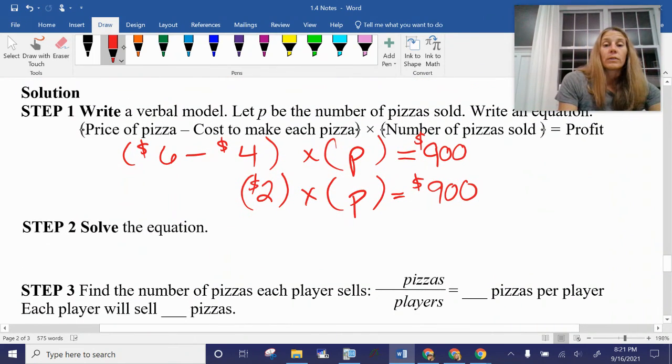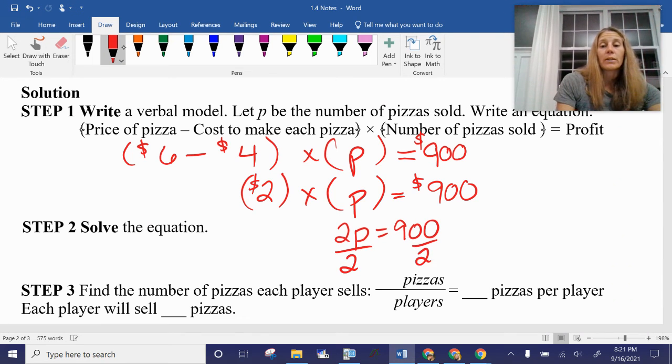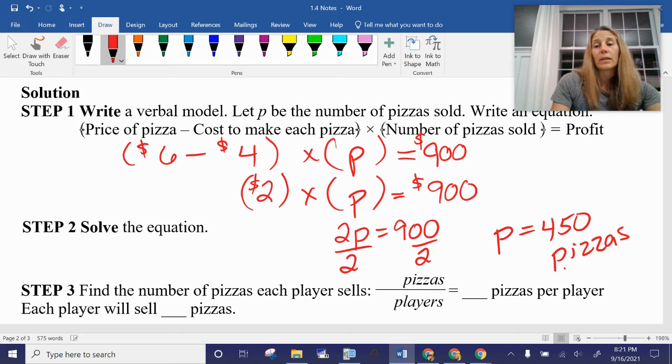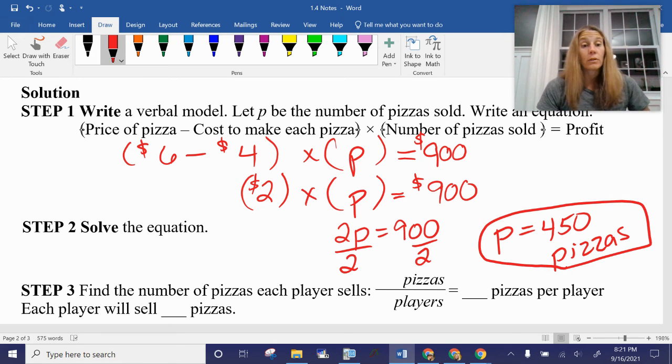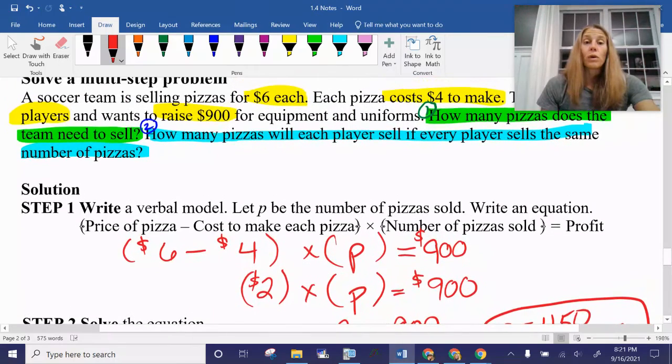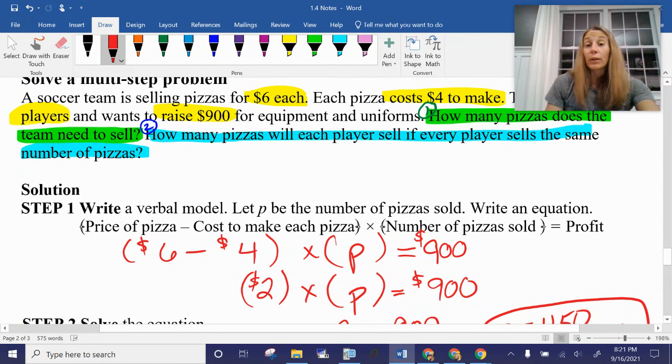So now we're going to solve this equation, which is just 2p equals 900. I would just divide by 2, and p equals 450 pizzas, which is what we need to sell to make our profit of $900. Now we can go back and answer question 2, which asked how many pizzas each player will sell if everyone has to sell the same amount.